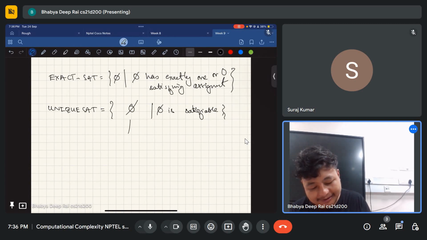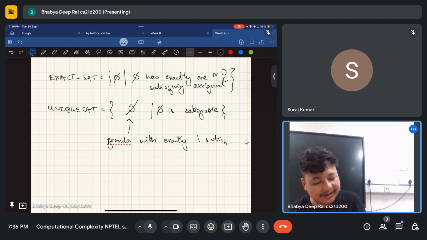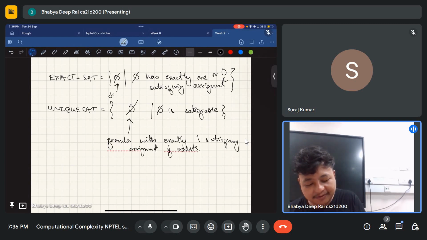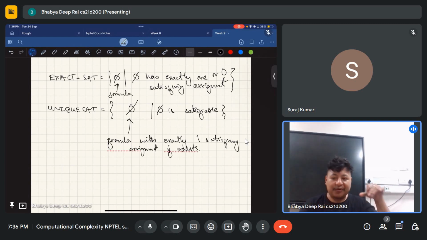Phi is a formula with exactly one satisfying assignment if it exists. Here what is phi? Any random formula. So this promise that is given is actually an external constraint.